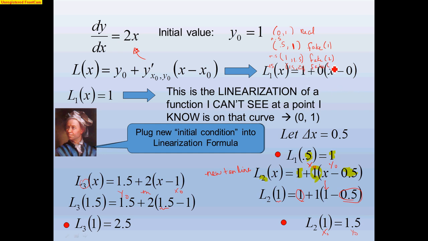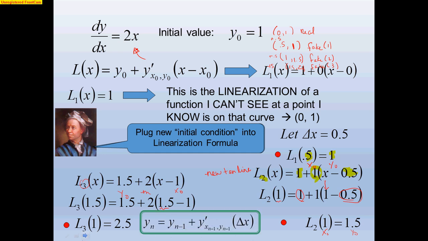So I can keep going, but again, the farther I get away from the point of tangency, from the real, from 0, 1, the farther away each one of these approximations is. This is Euler's formula. And it really is just the linearization formula, but check this out.